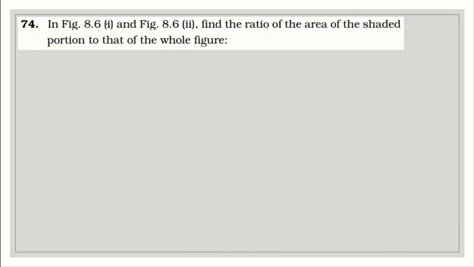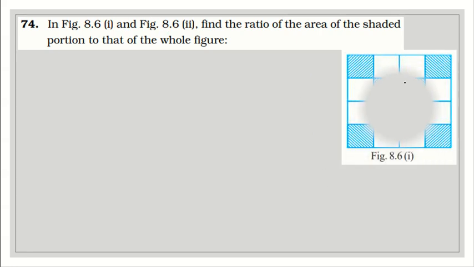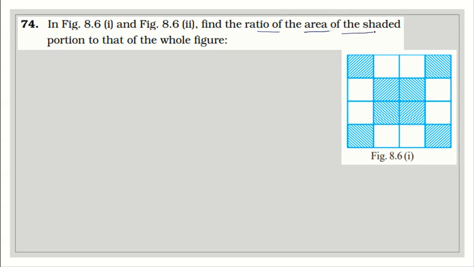In figure 8.6 and figure 8.62, there are two questions in fact. The first question is 8.6 of figure 1. Let me show you the figure. This is figure 8.6 of 1. Find the ratio of the area of the shaded portion to that of the whole figure. See children, the whole figure is easy: 4 by 4, just 16 square units are there.